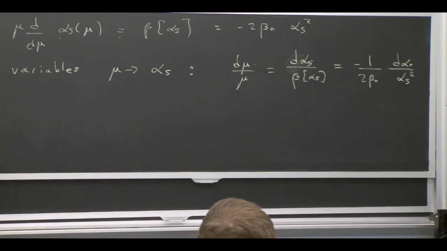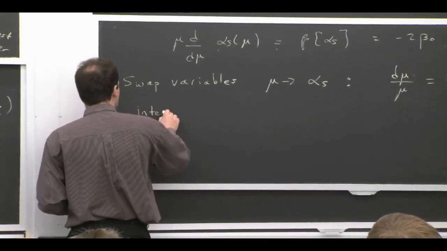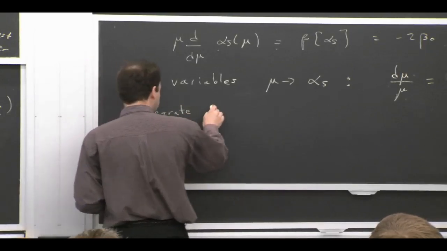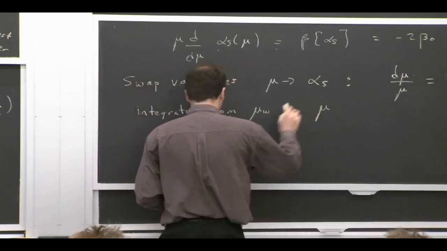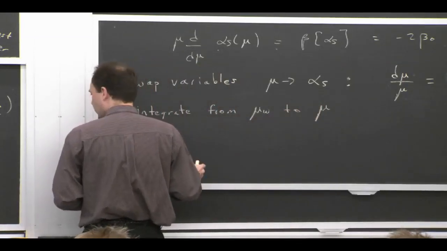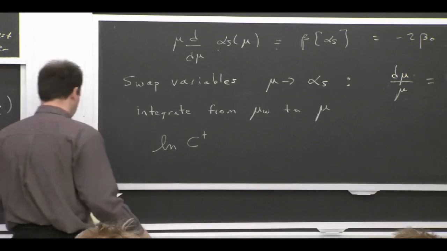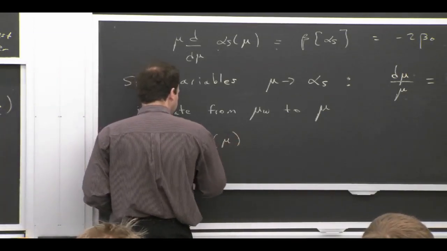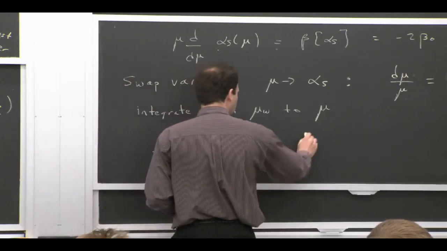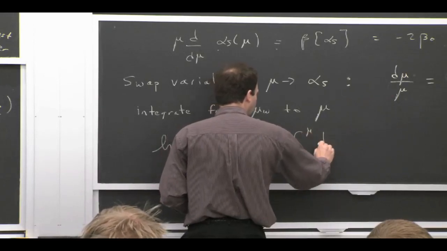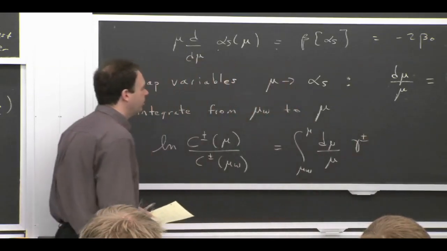Okay, so what does that do? So now let's do that. Let's move this over and integrate. Well, we'll do a definite integral from mu w up to mu. So here we just have d log of this. Integrate that just gives log between the limits. And if I didn't change variable, I would have that.